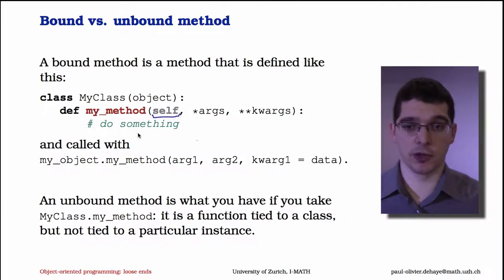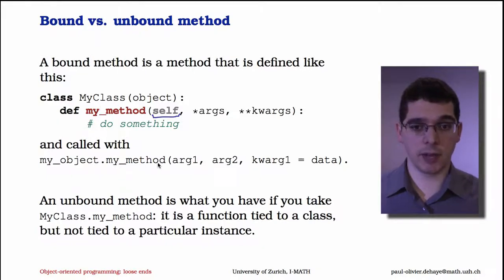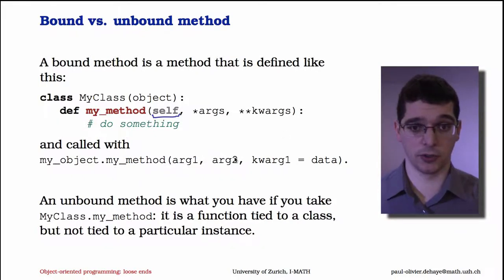And then you have some arguments and you do something. So that's the method definition. But then you call it with your object that is of type my class, and then .my method, and then you enter the arguments. But you don't actually enter self. You don't do my method, open bracket, my object, comma, argument 1, argument 2.